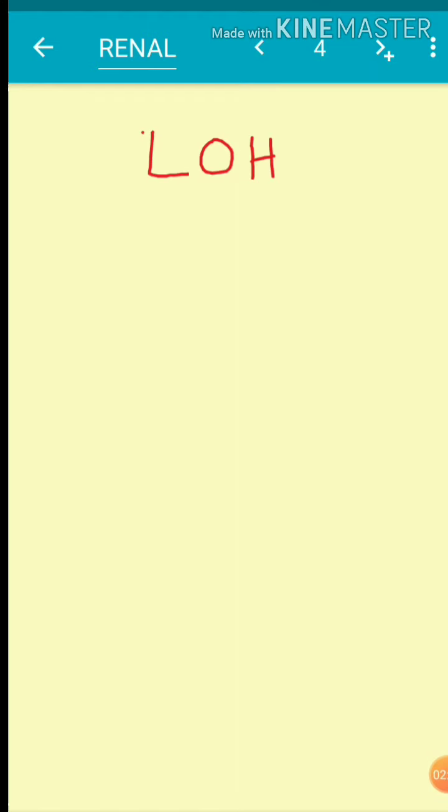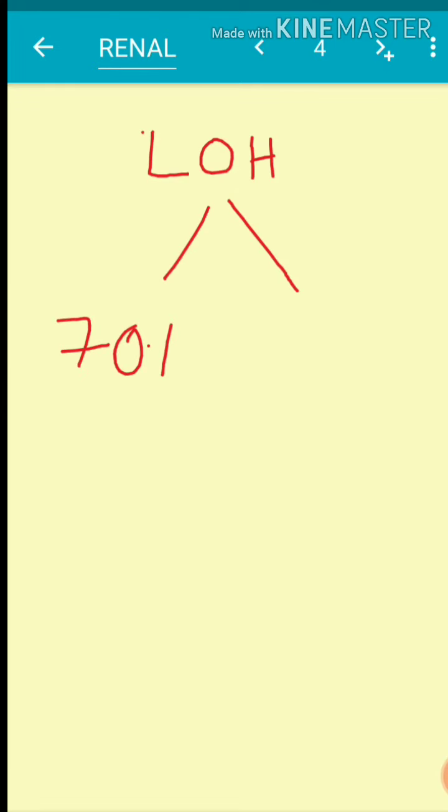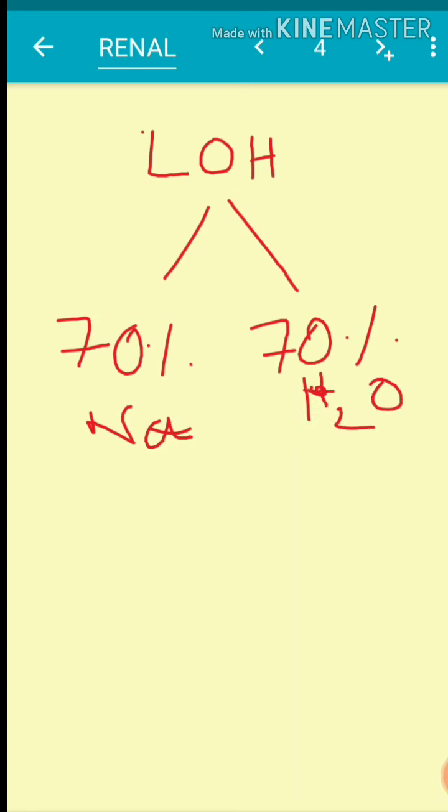Now before starting loop of Henle, I would like to say 2 points: 70% of the sodium and 70% of the water is resorbed in the PCT, and the rest which passes on is an isotonic solution.